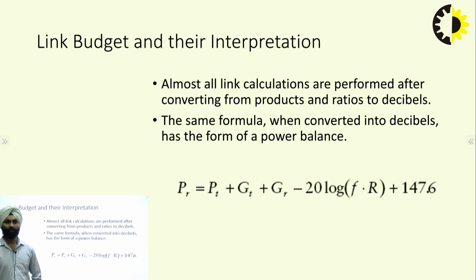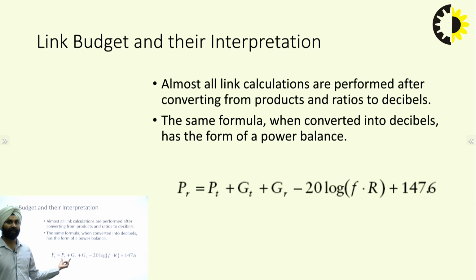So almost all calculations are performed after converting the product into decibels, because most of the powers are low, so we have to convert it into decibels. The same formula can be converted into decibels: PR in dB is equal to PT plus GT plus GR minus 20 log of F into R plus 4.76, which is the log of 4 pi square.